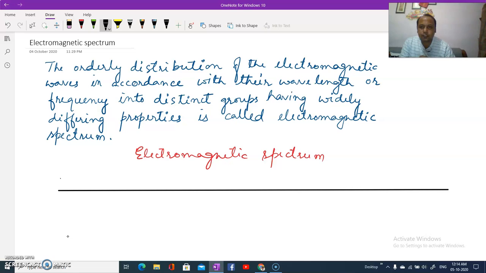Like if we start from the beginning, initially we have gamma rays having maximum frequency, then comes the X-rays where the frequency decreases, then comes the ultraviolet rays, then comes the visible light.